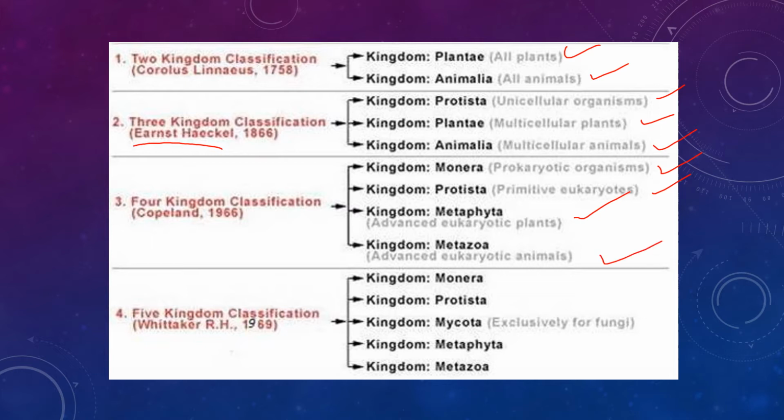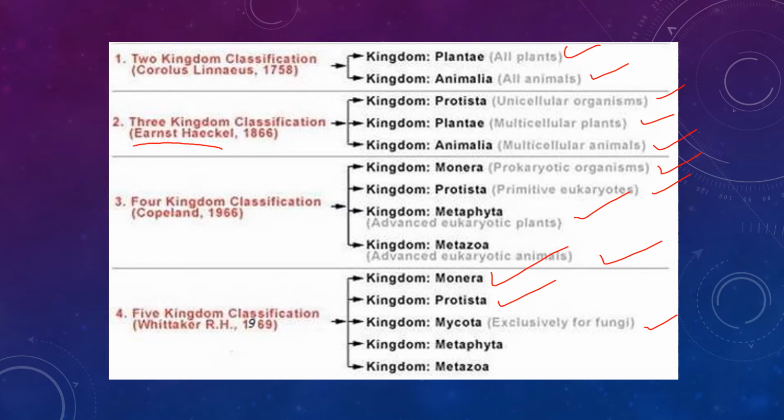Finally, R.H. Whittaker in the year 1969 postulated the five kingdom classification. One is the kingdom Monera, second is the kingdom Protista, third is the kingdom Mycota. Now it is called kingdom Fungi, and the study of fungi is called mycology, and that's the reason why it was called kingdom Mycota.